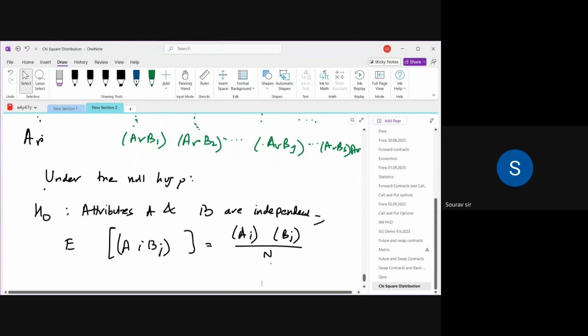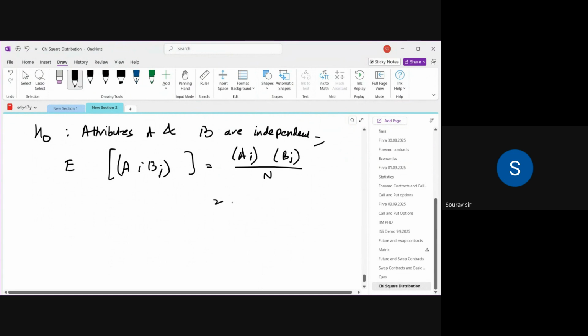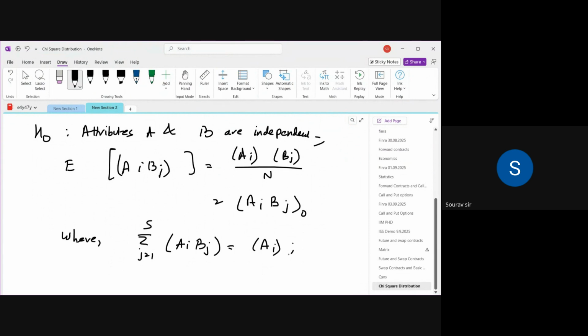Here, summation of j is 1 to s of AiBj is equal to Ai, or summation of i is 1 to R of AiBj is Bj.